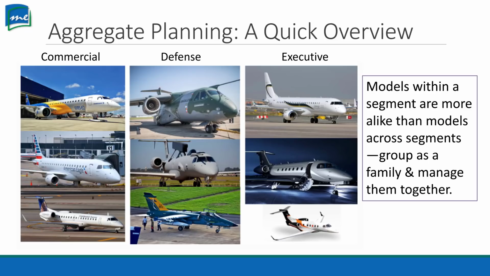So let's do a quick overview here. Here's some aircraft. We have commercial, defense, and then executive aircraft. When we look at categories such as commercial, defense, and executive, within categories they're very similar.